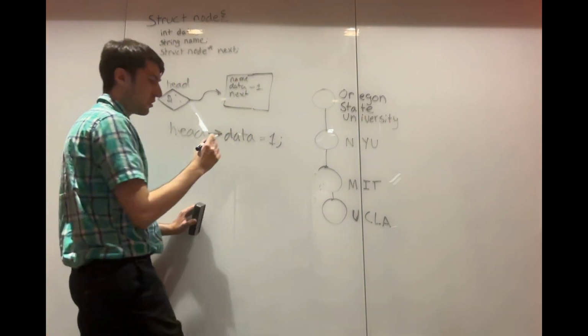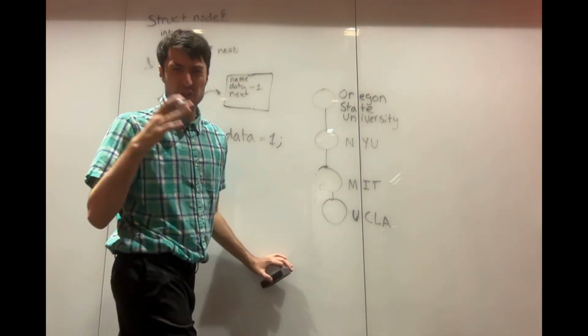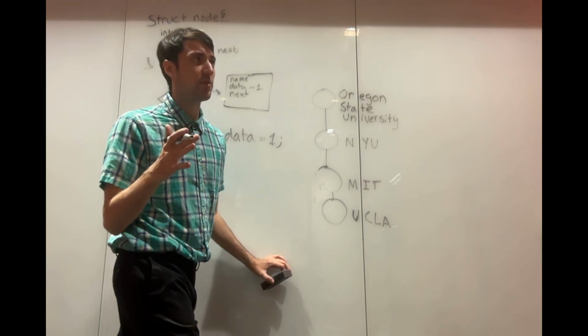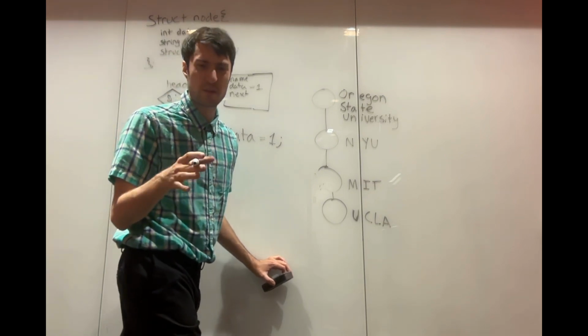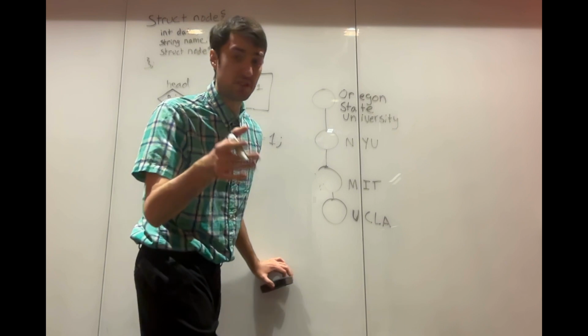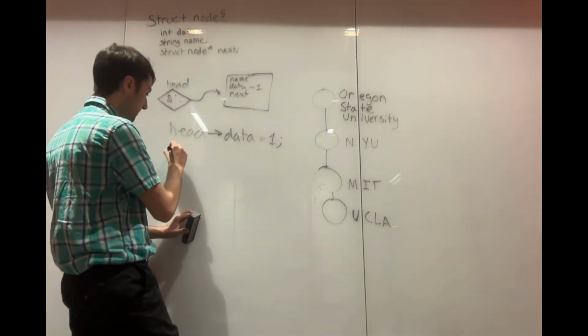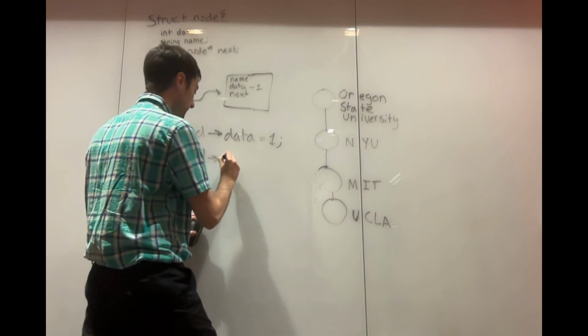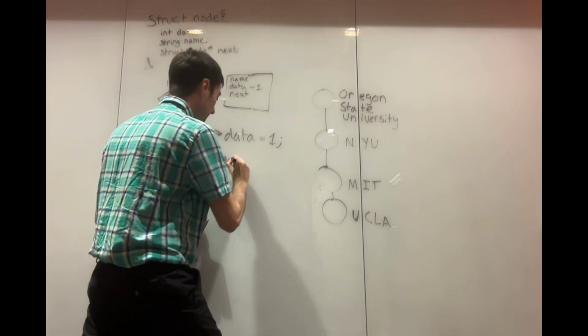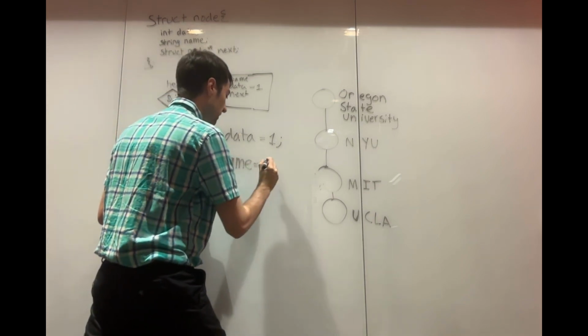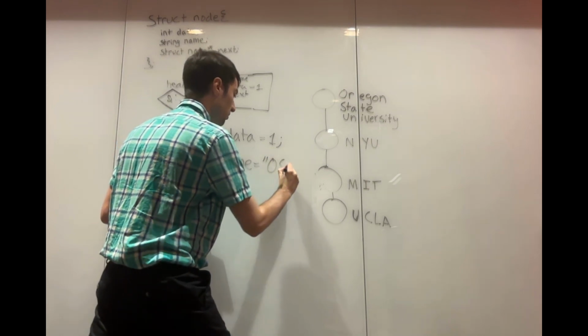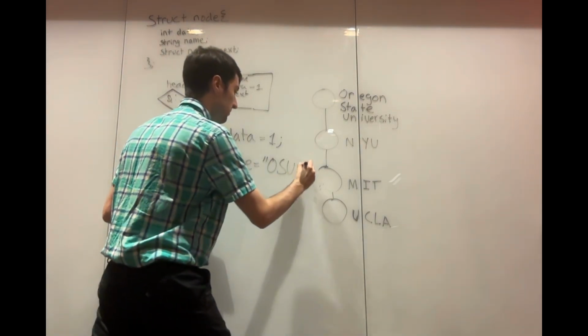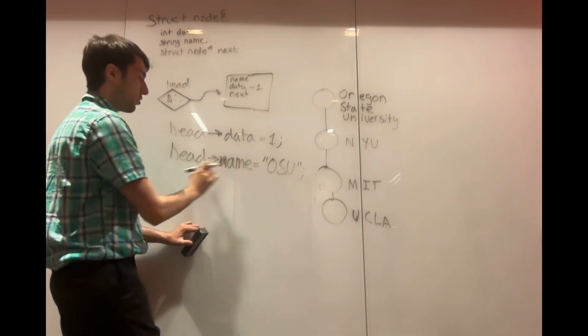So what we're going to do is, and if you're using correct C syntax, you're going to have to use something like string copy. I'm going to write a little bit of pseudocode just so that it's easier, right? So I'm going to go head and then name equals OSU. There we go. So what does this do?